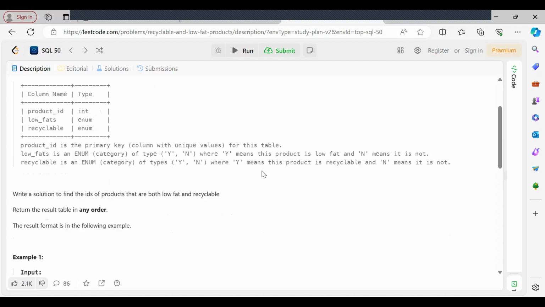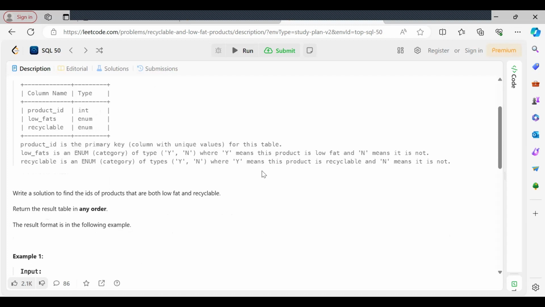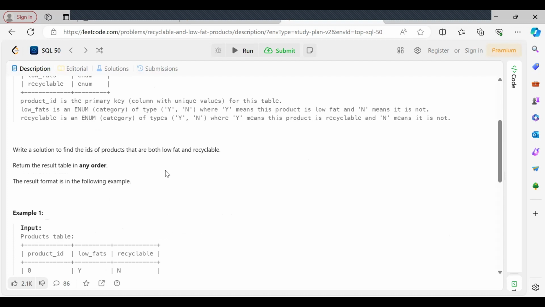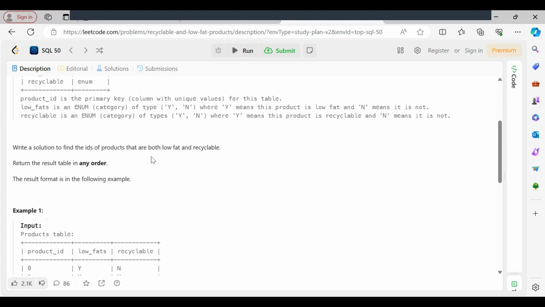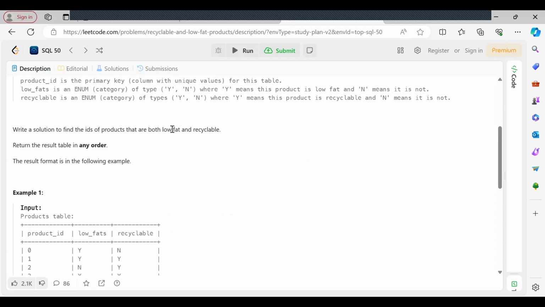What the question wants us to find is those product IDs which are both low fat and recyclable. We can return the result in any order. So basically, we have to find all the products which are low fat and recyclable.